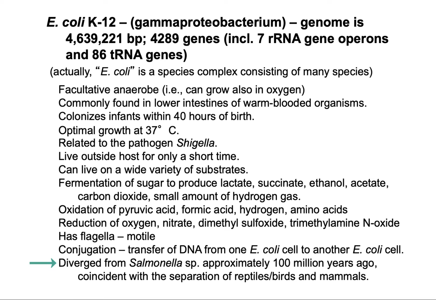And if you look at reptiles and birds, they're more used to having Salmonella in their intestines and not E. coli, and we're just the opposite of that. So part of the genome also has some relationship to the microbiome of those organisms. What genes and gene products are compatible with those different microbes that live on and in those organisms.